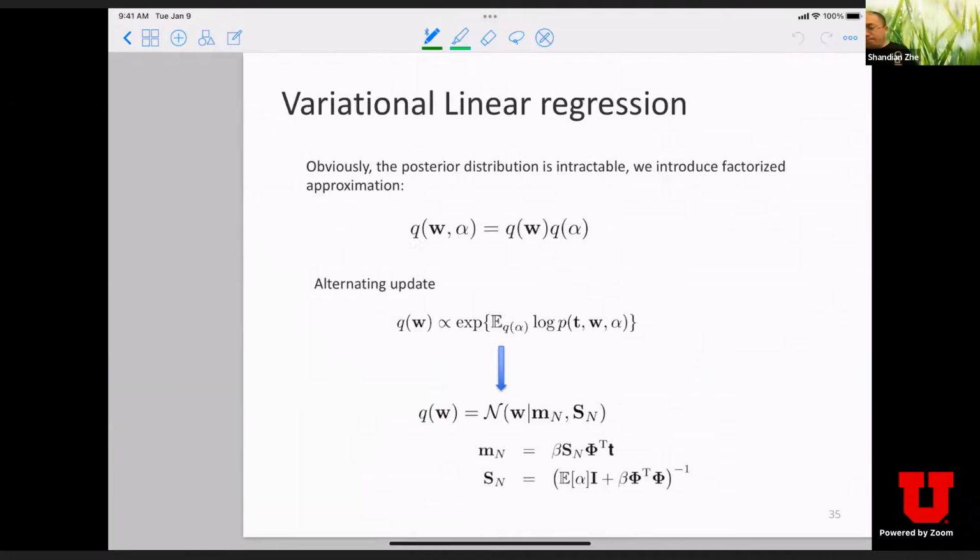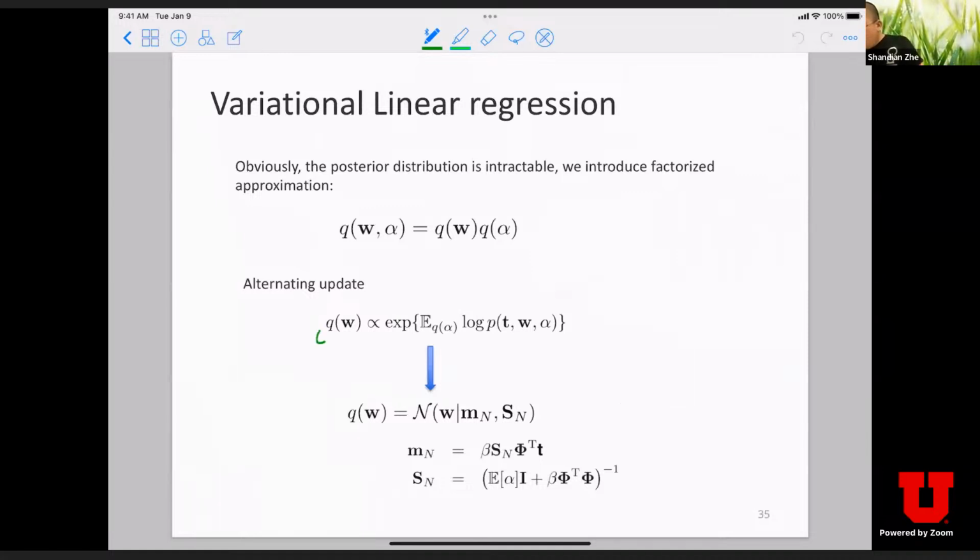And similarly, when we want to update Q of W, we need to fix Q of alpha, and we need to take the expectation of the log joint probability under Q of alpha, and then take the exponential and see if we can get the updated posterior approximation, which turns out to be a Gaussian distribution.